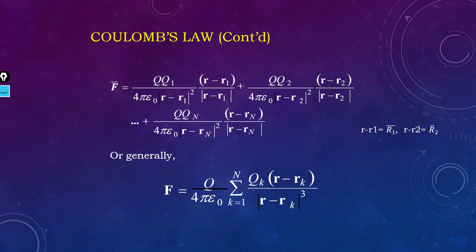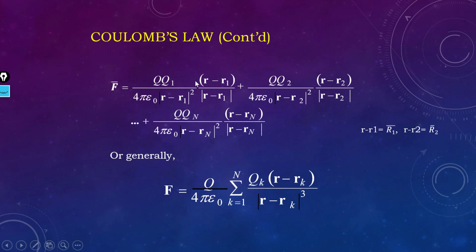R minus R2 is the position vector which is capital R2, shown in the previous diagram, and so on. So this R minus R1 is nothing but capital R1 bar, and this is its magnitude.